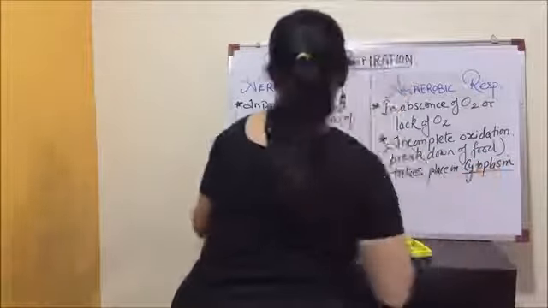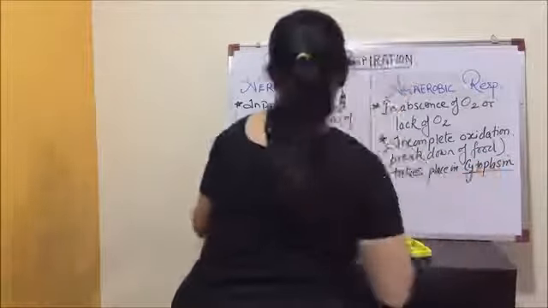Now coming to the end product. In aerobic respiration, end products will be carbon dioxide, water and energy. This energy is in the form of ATP, and here a lot of energy is released.